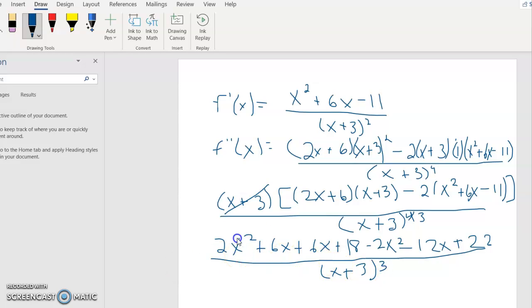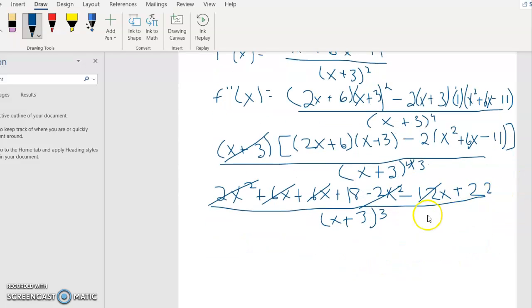All right, and the reason I said it's nicer than I thought is that these are going to cancel out, and it looks like the x's are too. 6x, 6x, and negative 12x will be 0x. So we have 18 and 22, which is 44, or sorry, 40 on the top. And x plus 3 to the 3rd on the bottom.